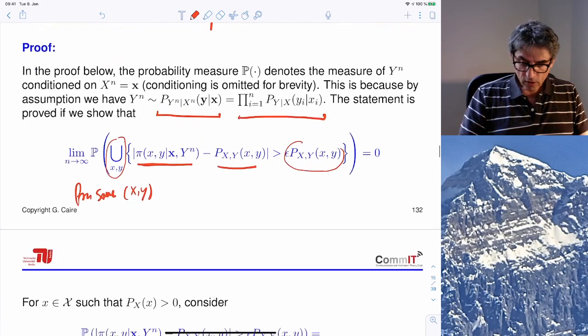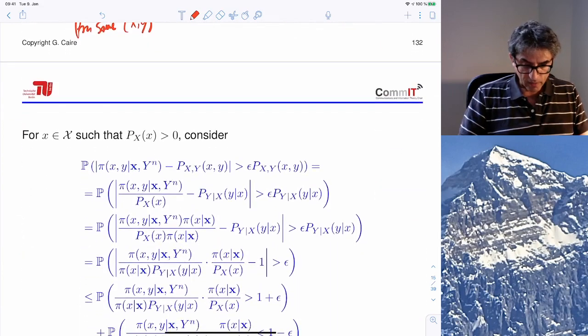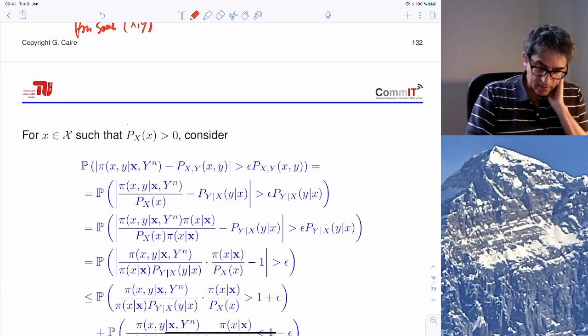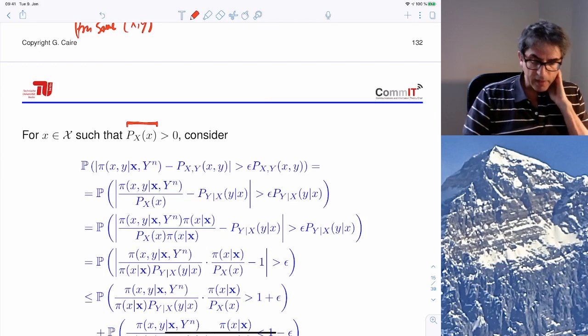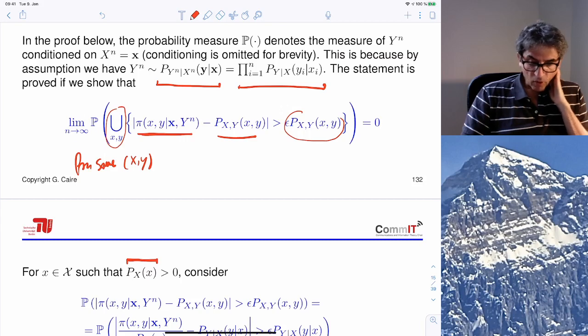Okay, so we do as follows: we pick a letter x, and we pick it such that the individual probability p(x) is positive, because if it's 0, it never appears, and therefore we don't really care.